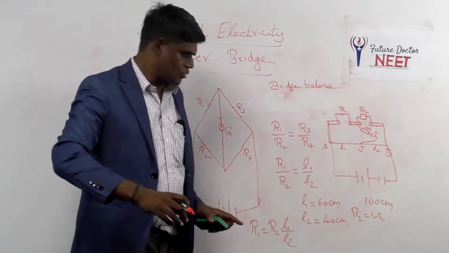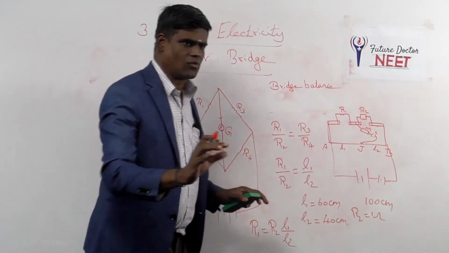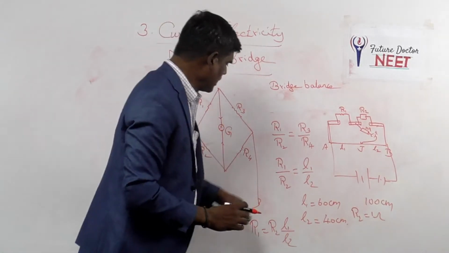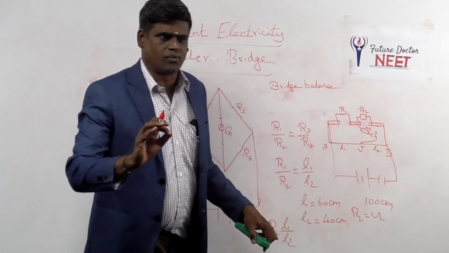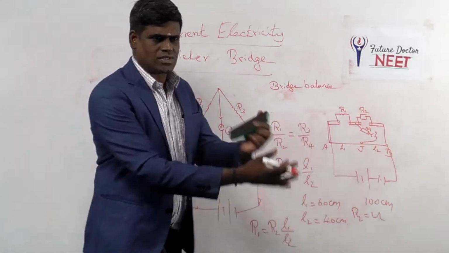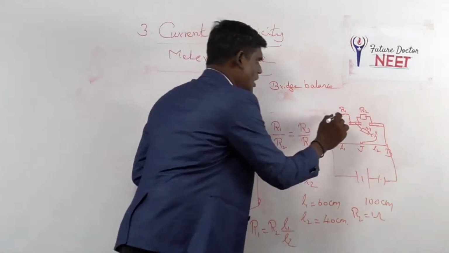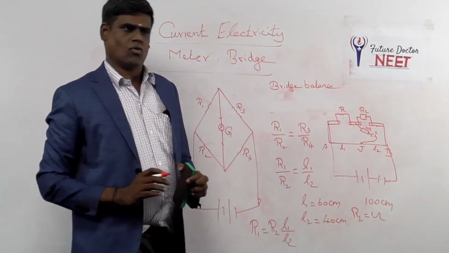By changing R2, you will get different L1, L2, and R1 values, for example 4.9 something or 5.12 something like that. If you take the average, it will come as 5 ohm. Okay, so the unknown resistance value will be 5 ohm.